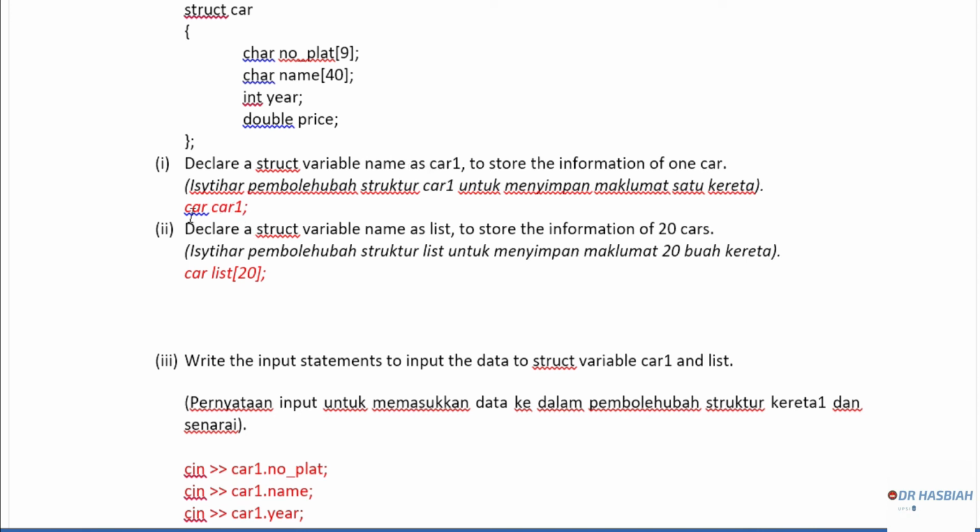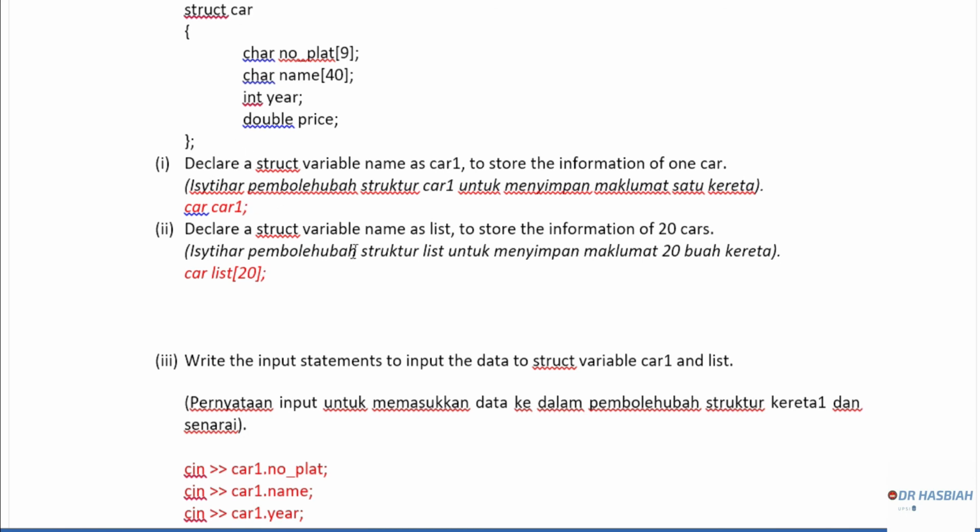The data type is car. So whatever you have in car at the top here, number plate, name, year and price, you will have in car1. So you can store the information in car1. We read car1 and then the data type is car. Whatever you have in car will be in car1. So that is the first question.